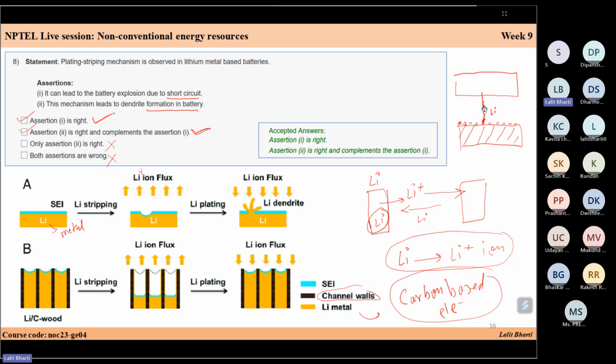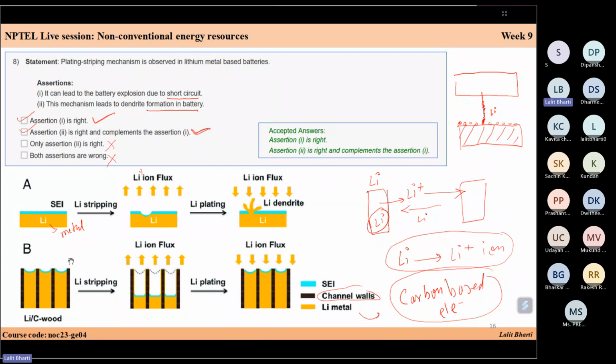By this you will make a grain-like structure, or a dendrite-like structure, grain by grain, and your cathode will touch your anode. So it will cause a short circuit, which is very harmful and destroys the battery. It is a very huge drawback of a lithium metal battery.